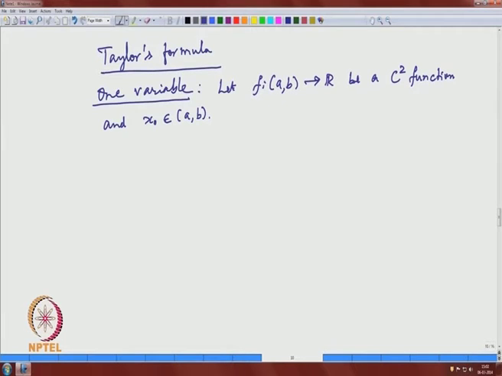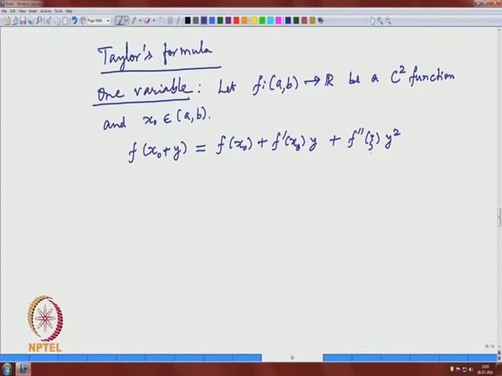So, using the mean value theorem and other things, okay, it is not difficult to see that f of x 0 plus y is equal to f of x 0 plus f prime x 0 y plus f double prime, let me just write j, y square.